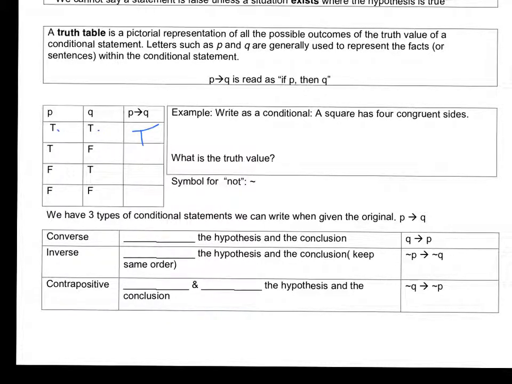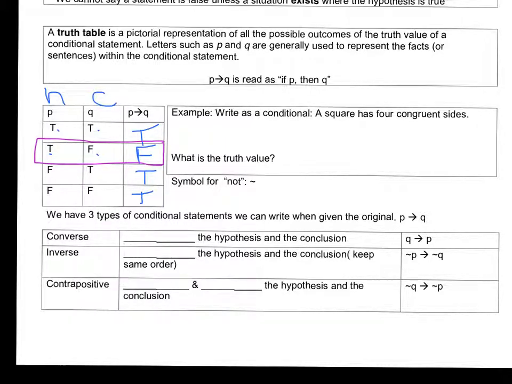If your hypothesis is true and your conclusion is false, then we know this entire statement is false. And the last two are still true. Again, we can't prove something's false unless the hypothesis can even exist. So that's the weird one. The thing to remember here, though, is this column right here.